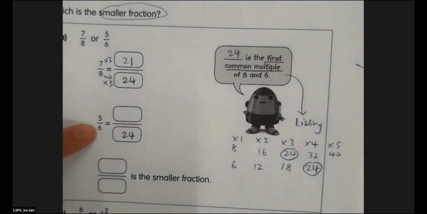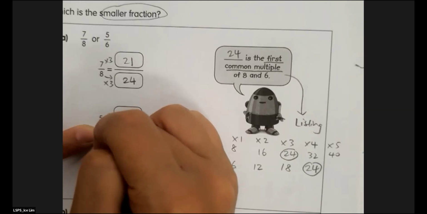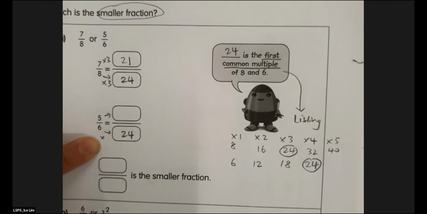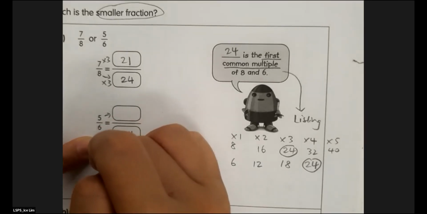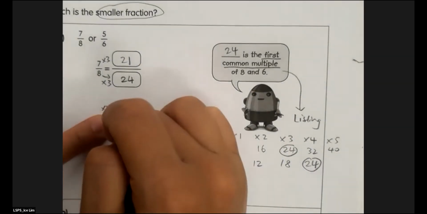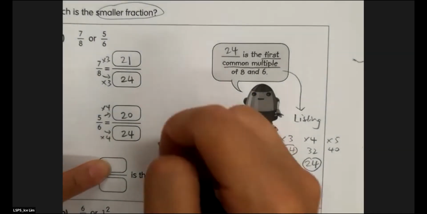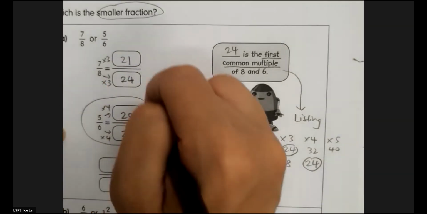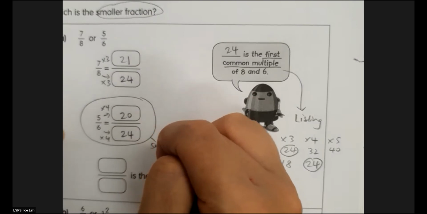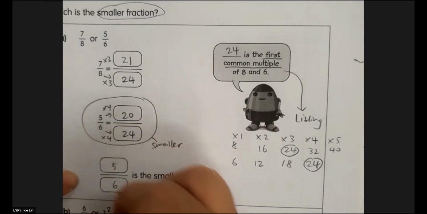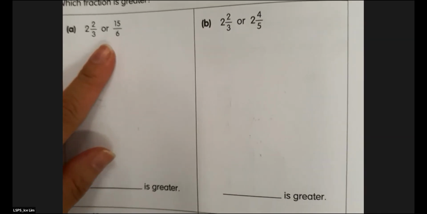And this one is multiplied by 4. So the numerator times 4, what do you get? 20. So which one is the smaller fraction? This one, right? Now this is smaller. What should the final answer be? 5/6.